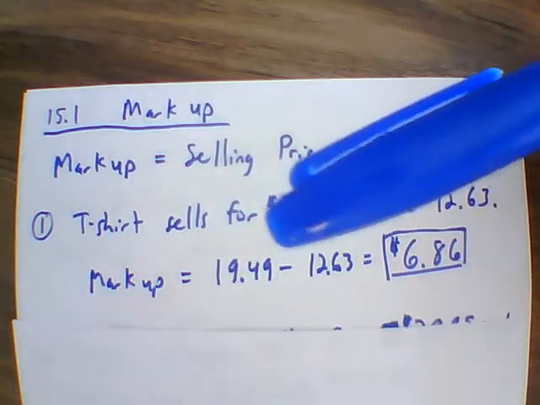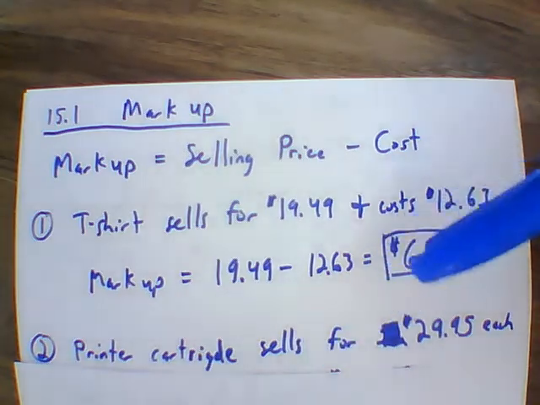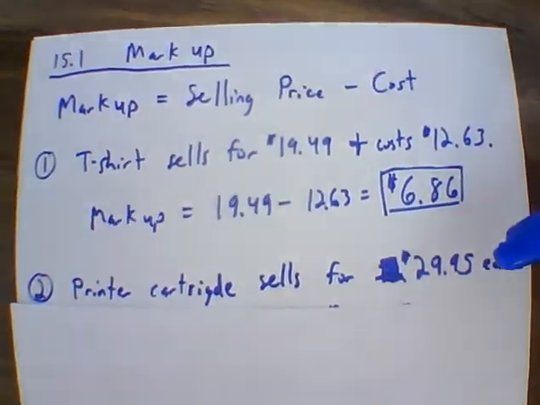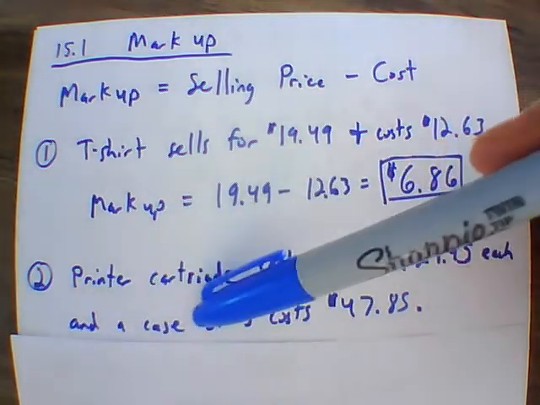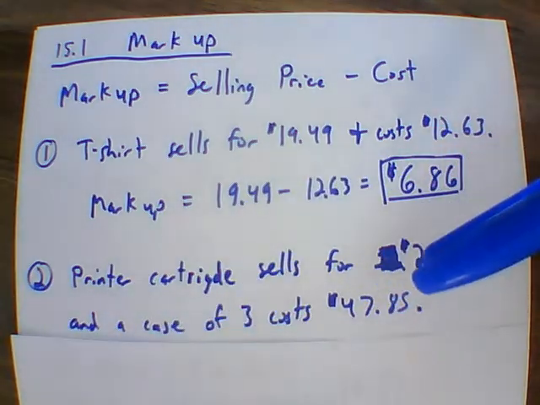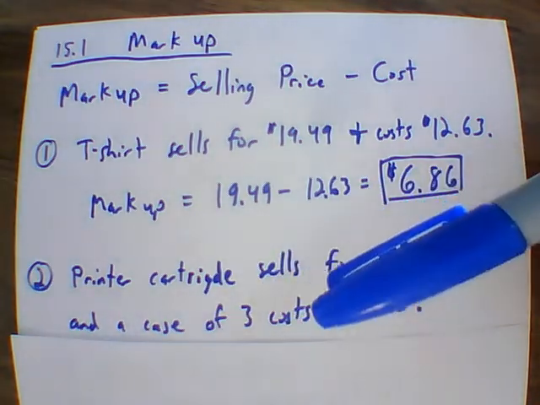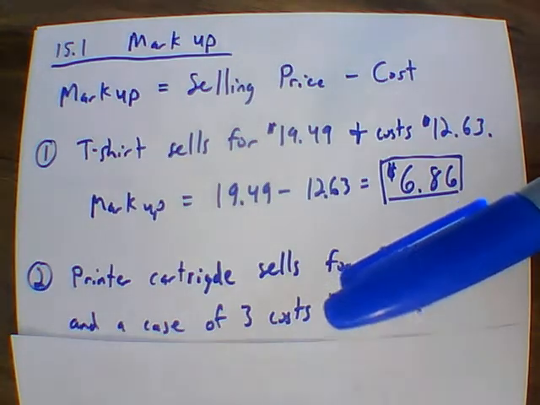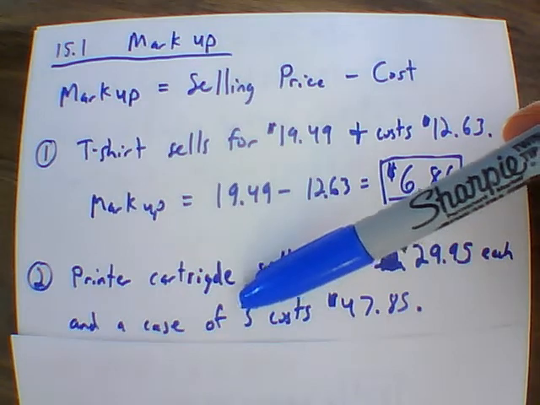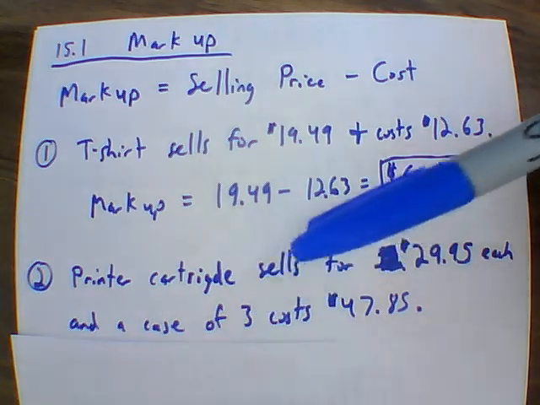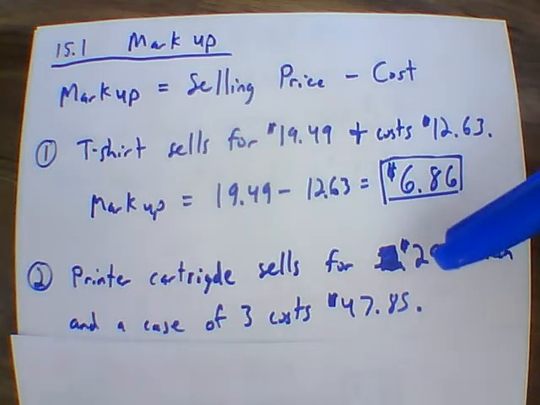Question number two, printer cartridges. This printer cartridge sells for $29.95, and a case of 3 costs $47.85. So this company either brought in from a big-time distributor or produced a case of 3 printer cartridges, which people then break down and sell individually.